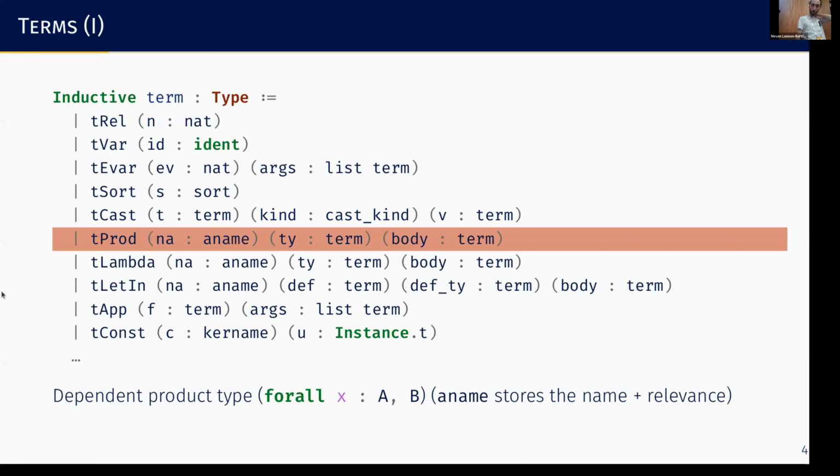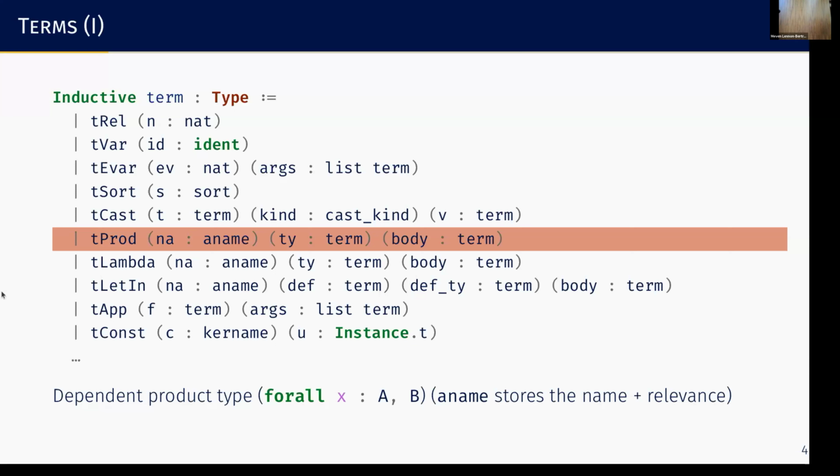And then you get into the more interesting things. So this is the lambda-calculus fragment. This represents what we could write as forall in Coq. So with a type, and sorry, this would be A and this would be B. And all binders, like here, store a bunch of information, things like names for printing, for instance, relevance that's used for SProp things.